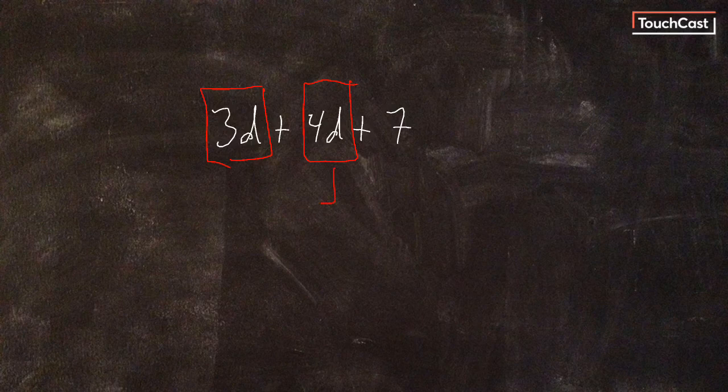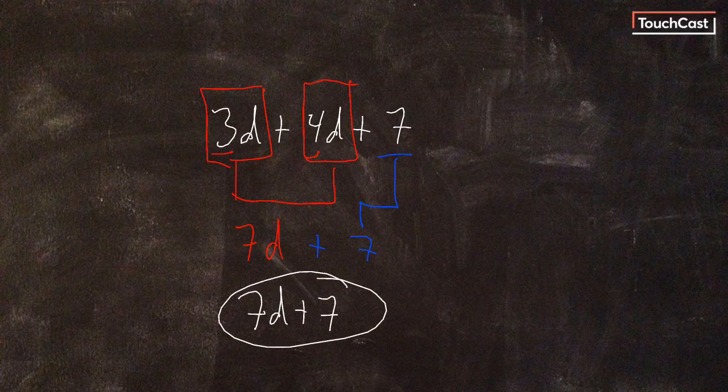So we can simply combine these terms. We add the coefficients, 3 plus 4, which is 7, and we bring down the variable, d. And then the 7 just stands on its own. So we end up with 7d plus 7, and that's our answer.